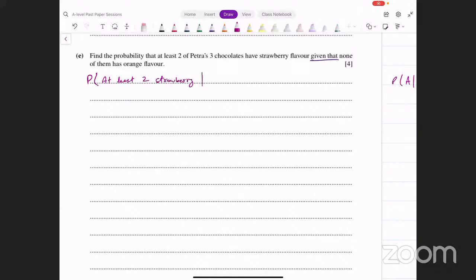Given that there are none orange, कोई भी orange नहीं है. What is this probability going to be?